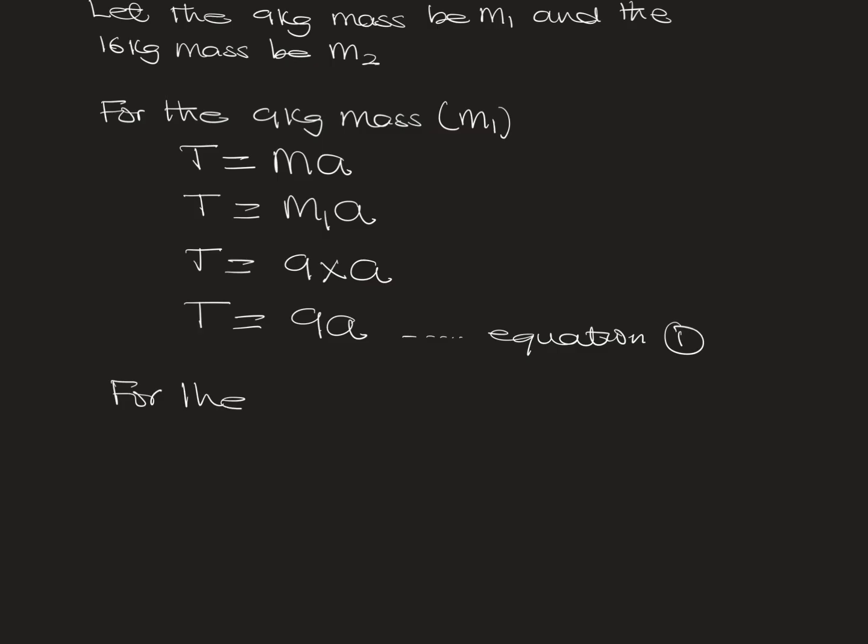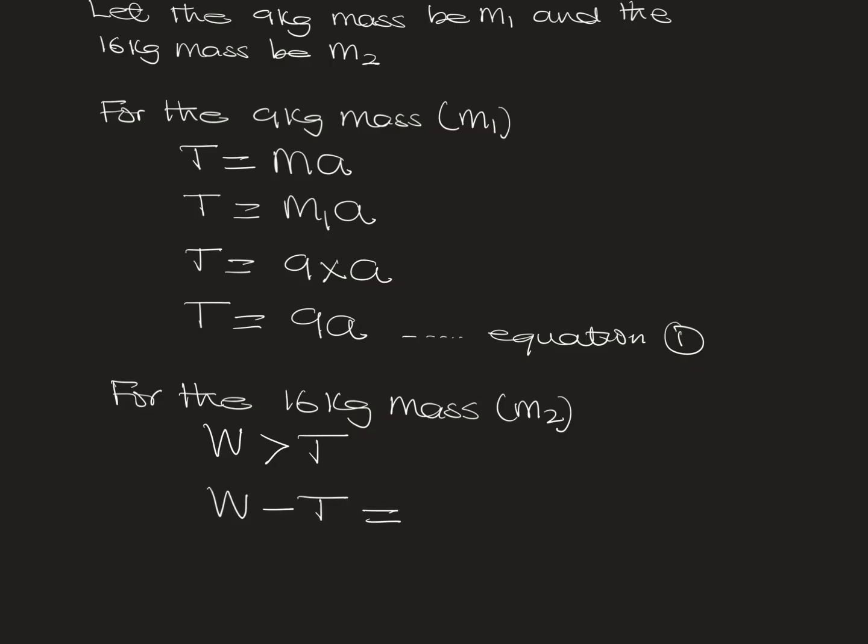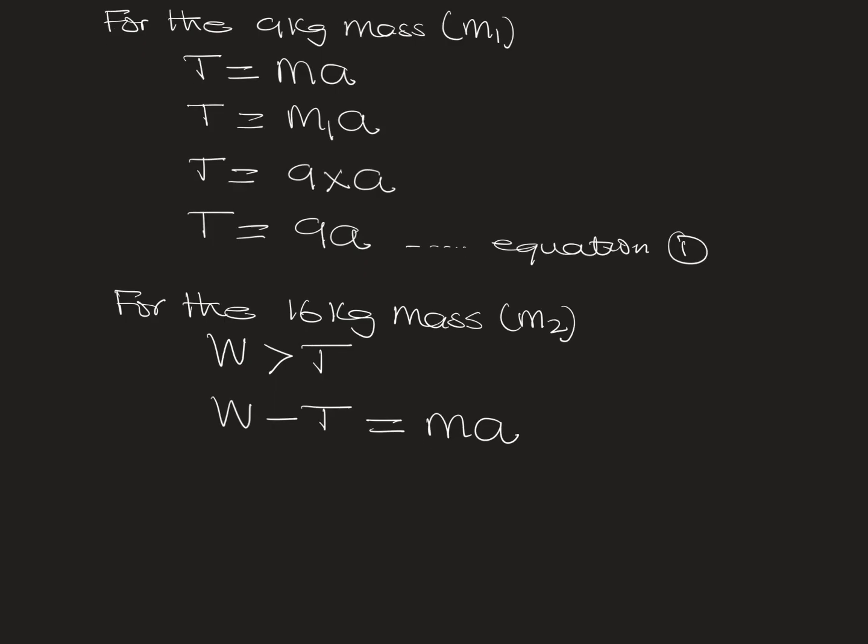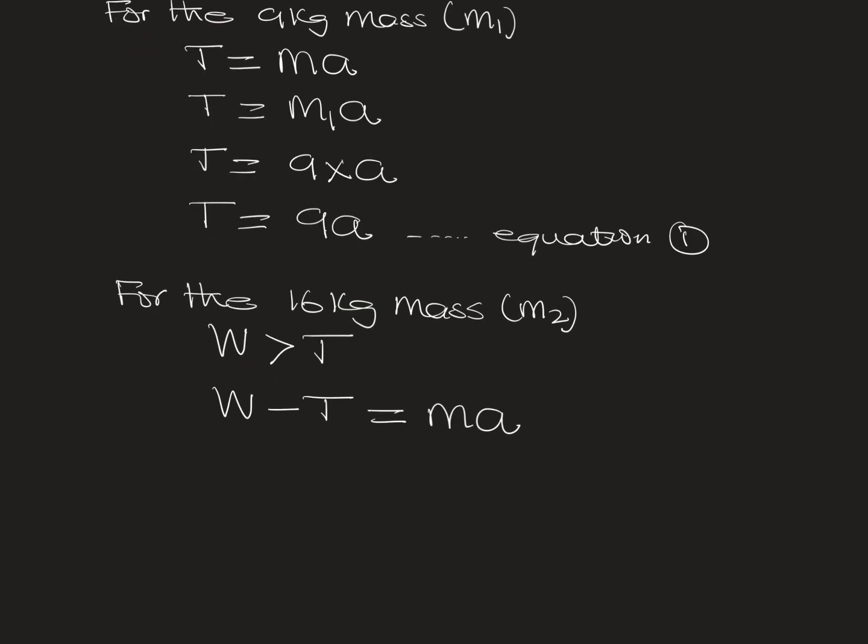For the 16 kilogram mass, which we call M2, because it is going to accelerate downwards, it means that the weight is greater than the tension. So the net force will be weight minus tension, which is equal to MA. But we know that weight is equal to mass times gravity, so that will be M2G minus tension is equal to M2A.